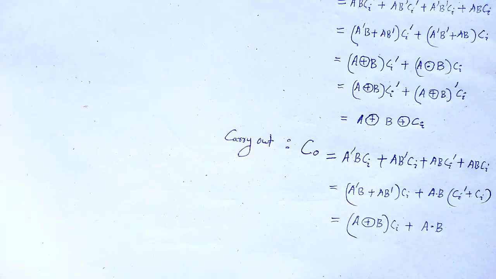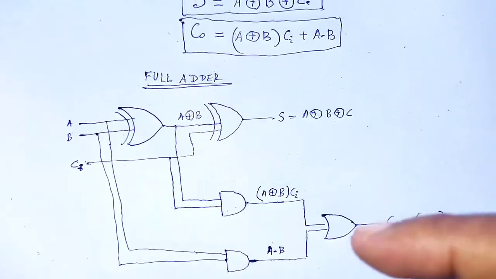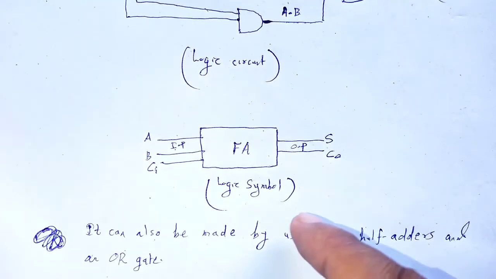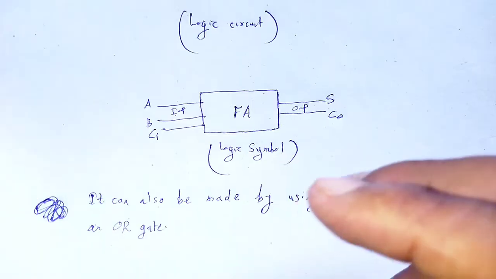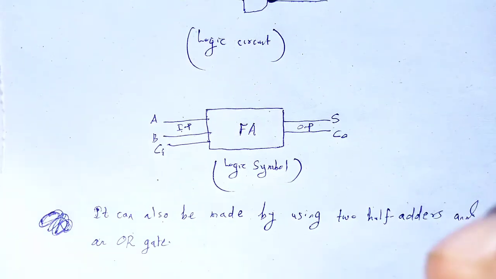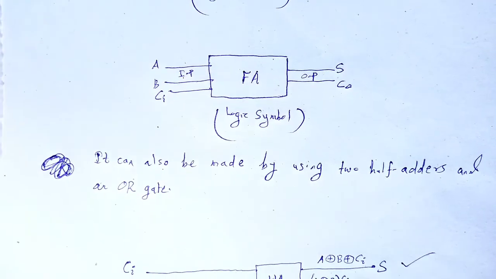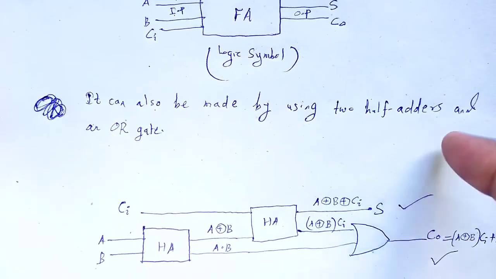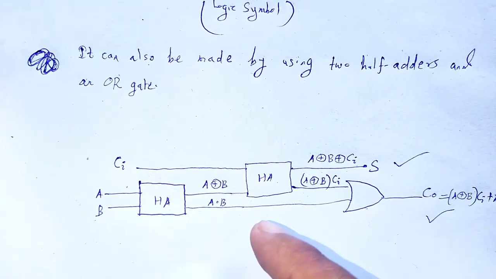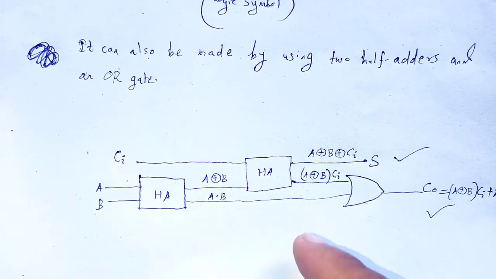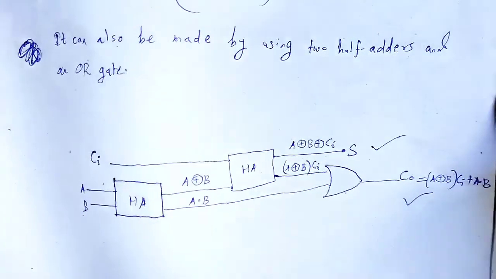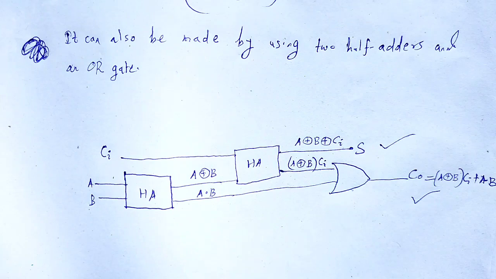By using these Boolean expressions, we construct the logic circuit for full adder, the logic symbol of full adder, and again that logic circuit can also be created by using two half adders and an OR gate. This is a full adder.